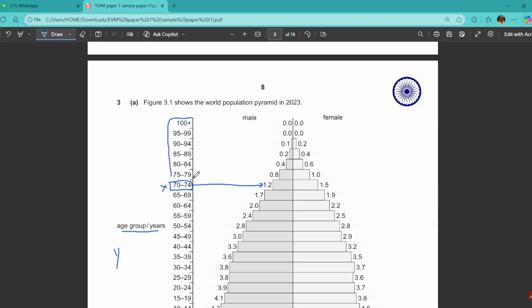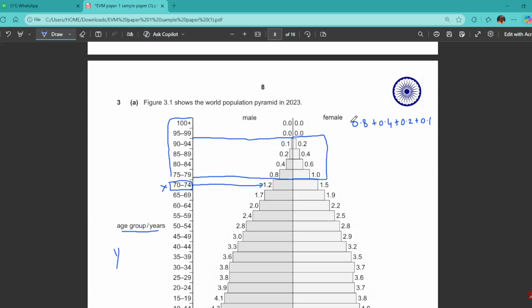So let's put a line here, and we are going from this group to up. One is all 0, so that's what we are going to add up, right? So 0. There we go. It's very easy now. 0.8 plus 0.4 plus 0.2 plus 0.1.